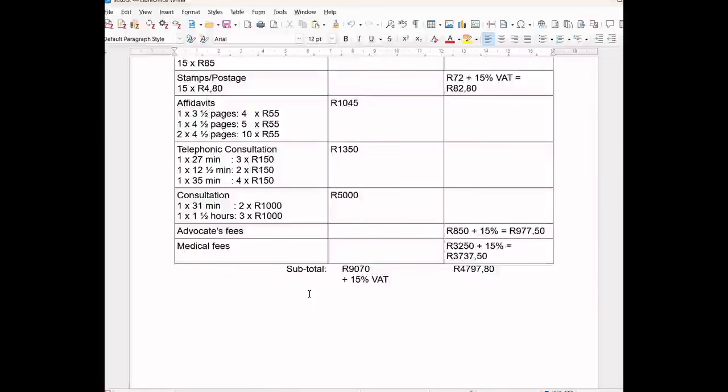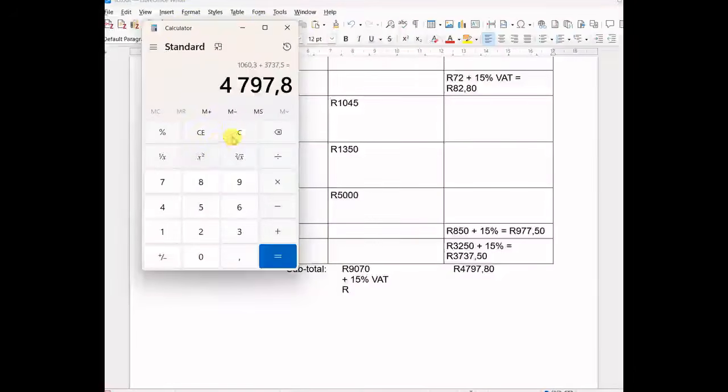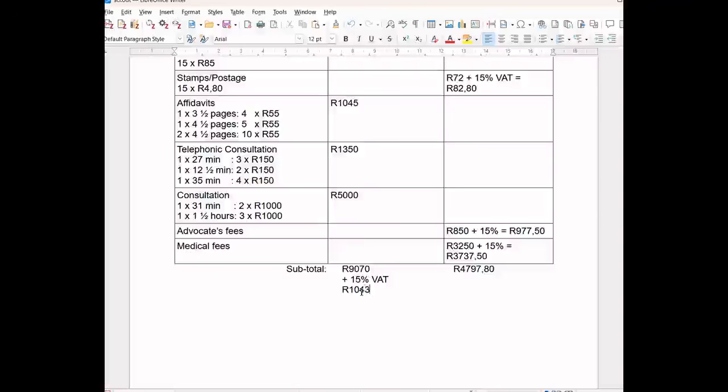Remember how to calculate VAT? We take the amount, it's 9,070, we multiply it by 1.15, and that comes to 10,430.50. 10,430 and 50 cents.